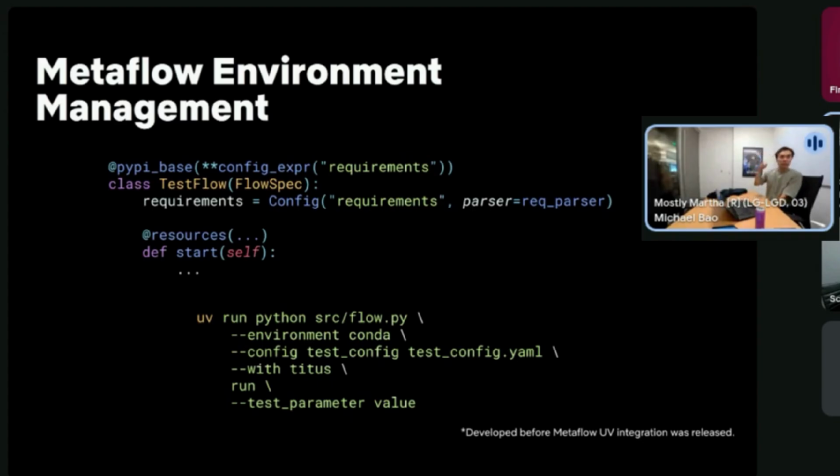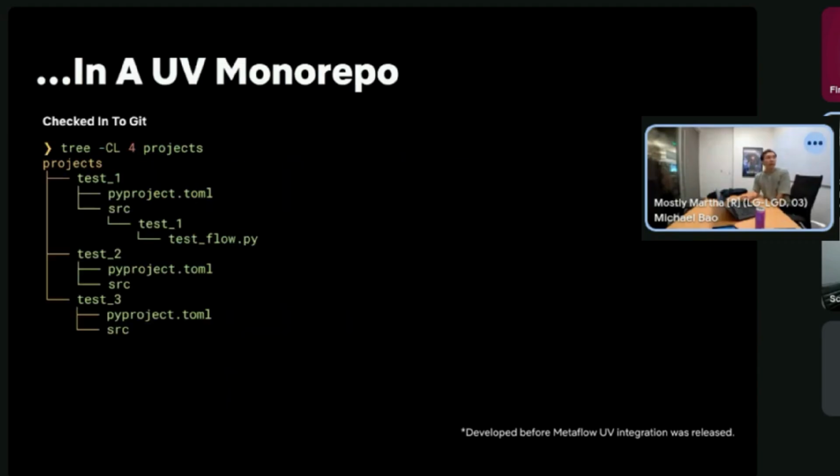So now the complexities come back in because we have a monorepo, if you forgot about that. Our test flow is in this test1 project, but we also want to be able to specify dependencies to test2 and test3.